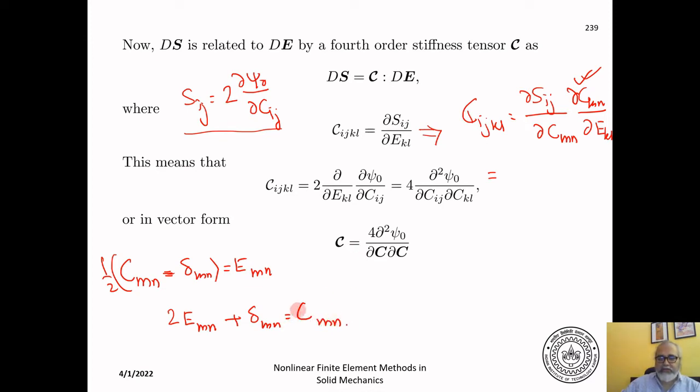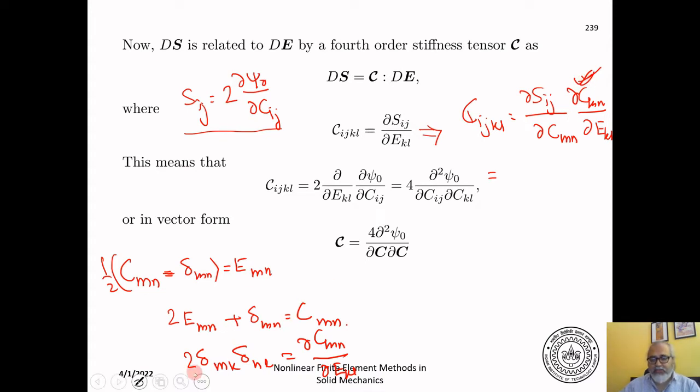If you take the derivative now with respect to Ekl, you will get 2 delta mk delta nl, this goes to 0, equal to this, which appears here.